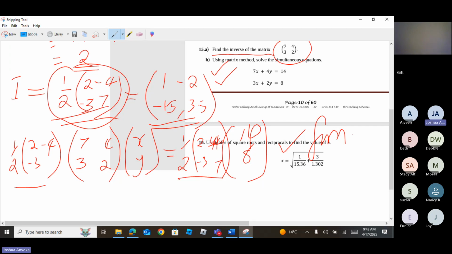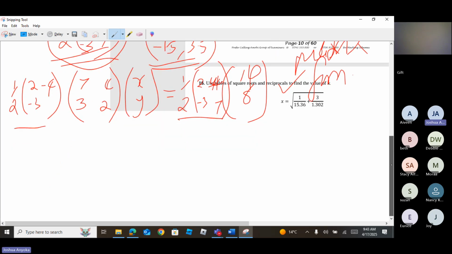As you write the equation in matrix form, also give some space so that you insert the inverse directly. So if you multiply this one, we don't struggle so much.